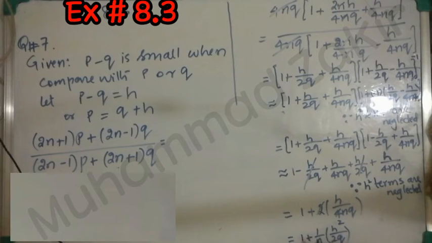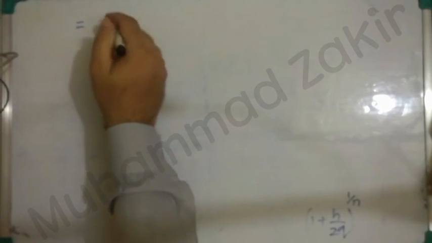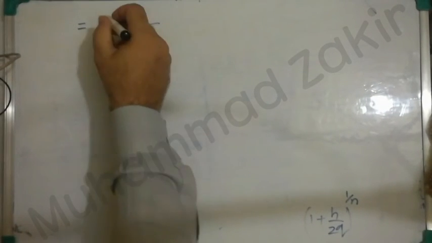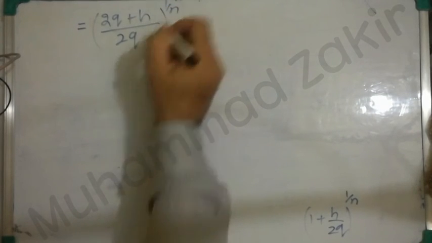When we close it, in the form 1 plus x raised to power n, h by 2q raised to power n, 1 by n acts as n here. We take LCM, 1 plus, LCM is 2q, it is 2q plus h raised to power 1 by n.